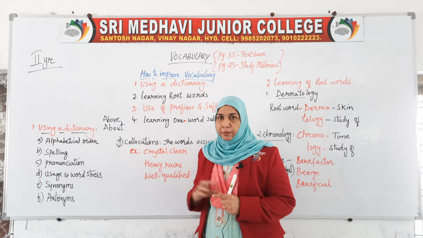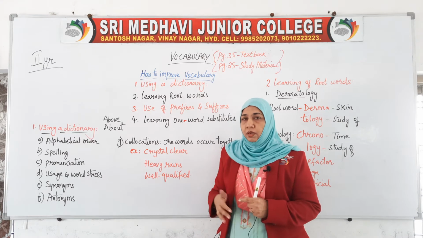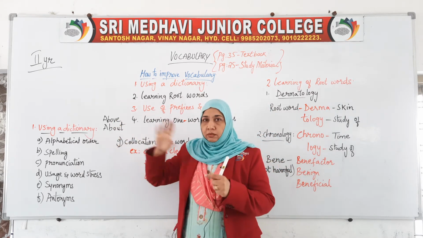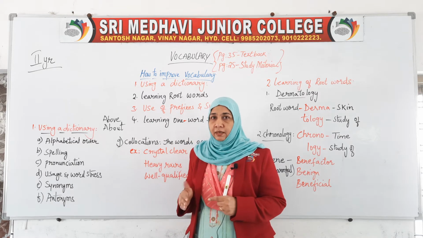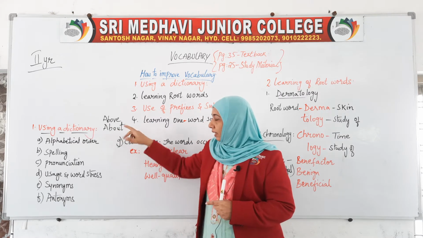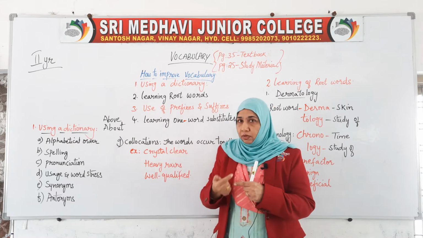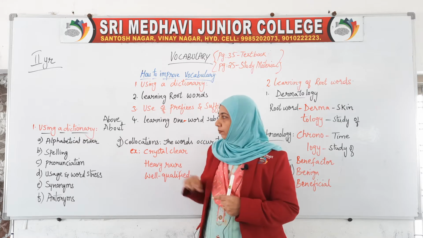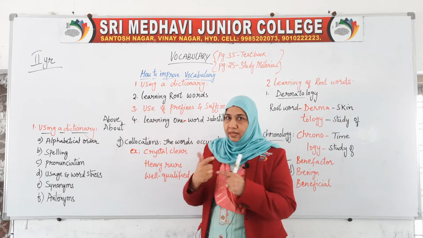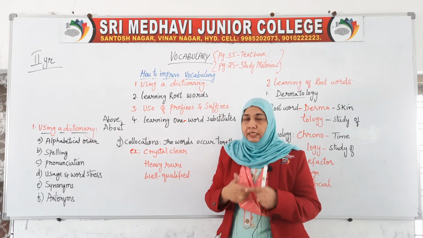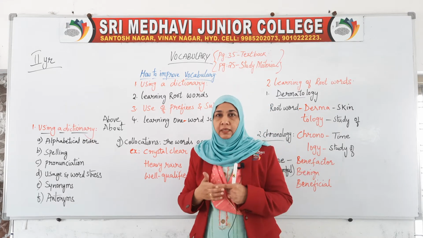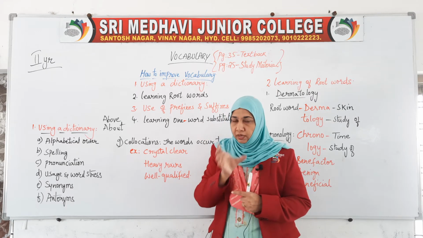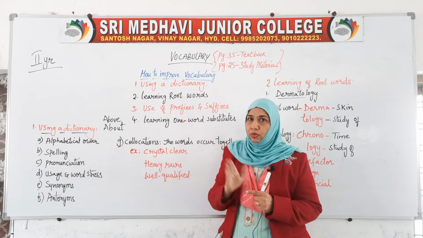But if both words are starting with A, and as I have given you 3 letters are the same, then you would have to find it out, and by the time you are finding it out, the sequence of the letters, you will remember the spellings. So it is interrelated, and this can be done with the help of the dictionary. If you have a dictionary, it's better to check it and it will be easier for you.